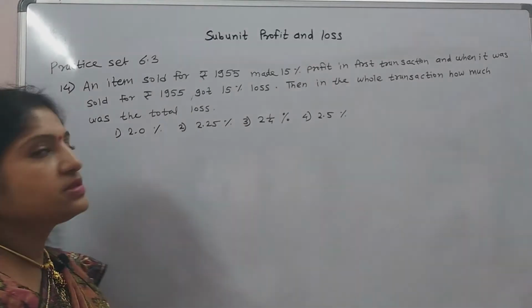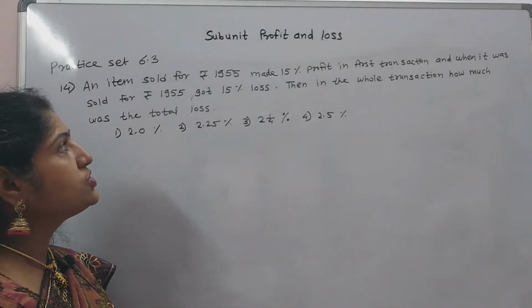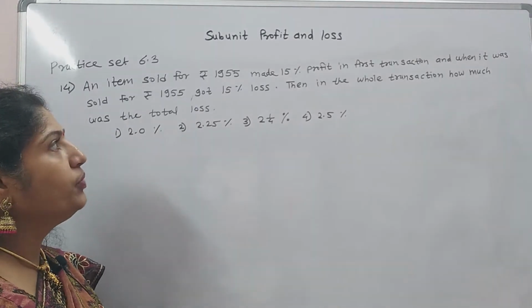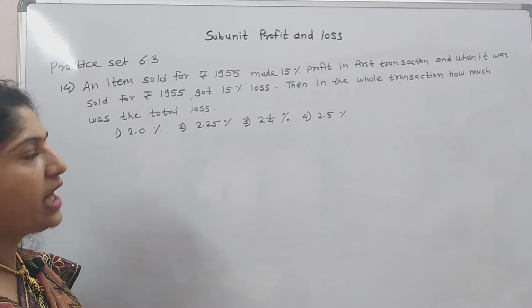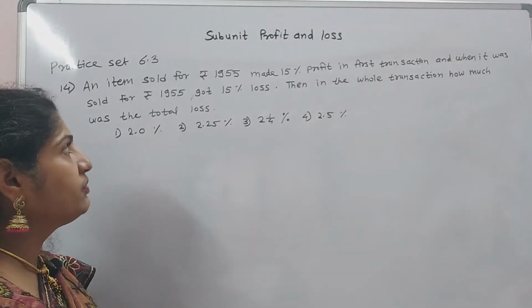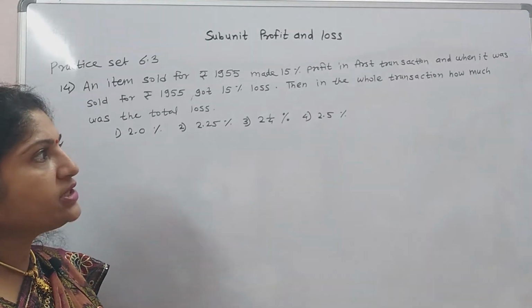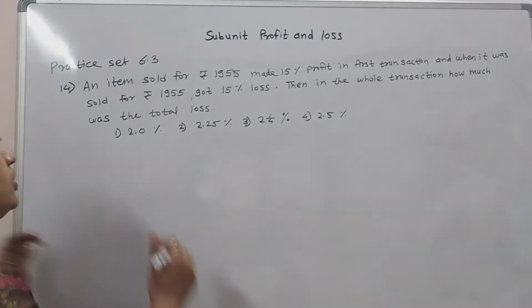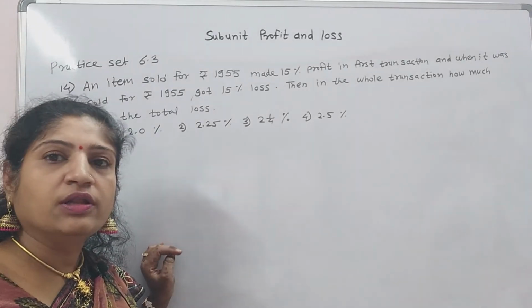Now, example 14. An atom sold for rupees 1,955 made 15% profit in the first transaction, and when it was sold for rupees 1,955 got 15% loss. Then in the whole transaction, how much was the total loss? Loss and profit is on the cost price.